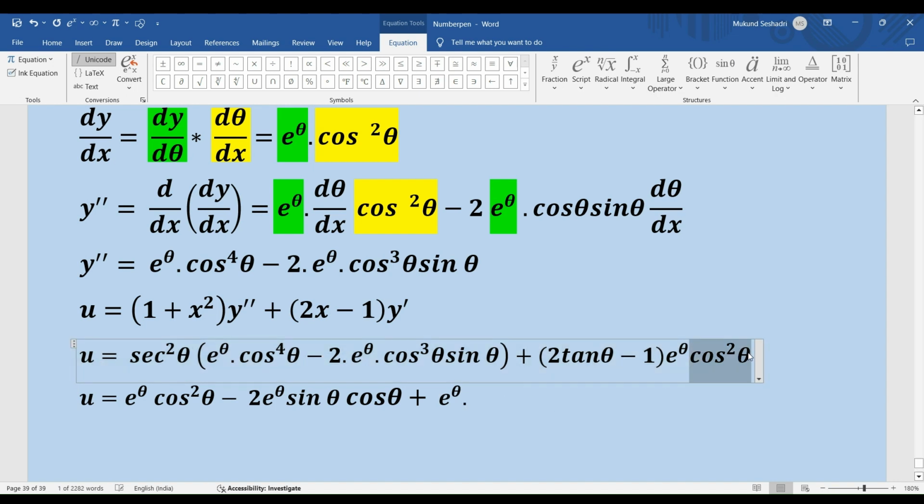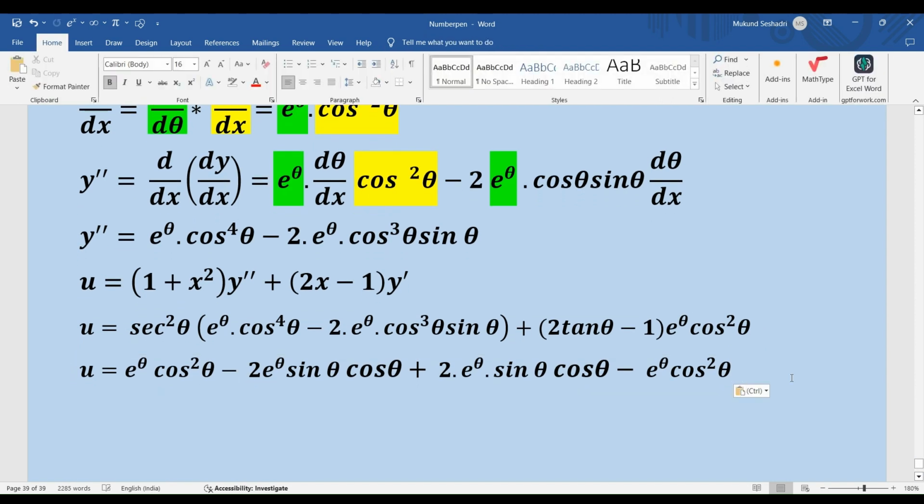So when I express my tan theta as sine theta by cos theta, I know that I can rewrite this particular expression as 2 times e to the power theta sine theta cos theta again, right? And then I come to my final part of the expression, which is, I don't think I will have to do any simplification here, minus of 1 into e to the power theta cos square theta. So I write it like this.